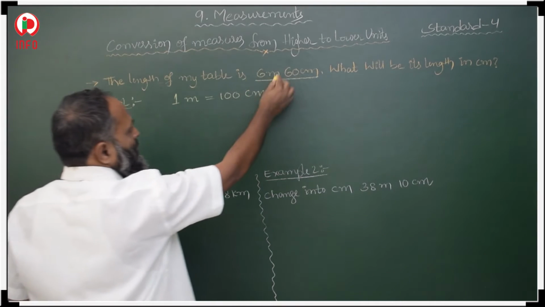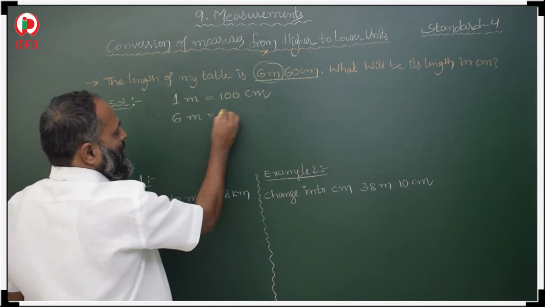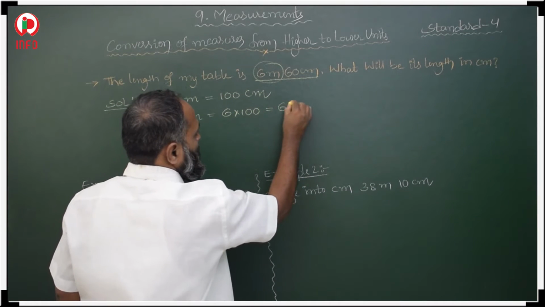Now here 6 meters is given. 6 meters is equal to how many centimeters? 6 into 100, 600 centimeters.